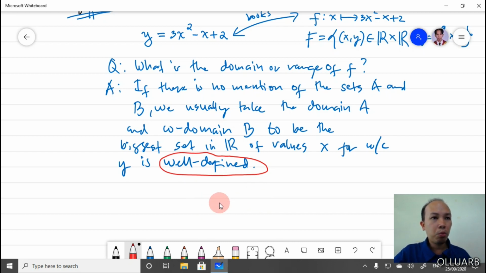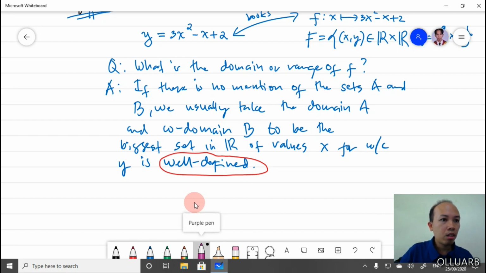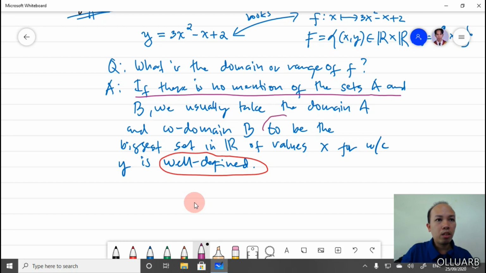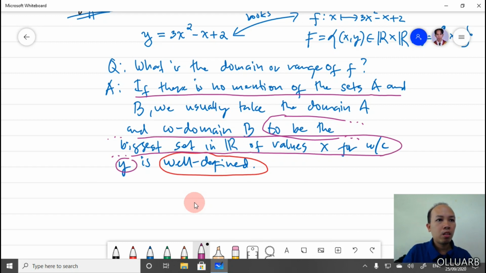However, if you put this phrase here in your mind, all you have to do is get the biggest set in R, for which, just get the values of x in R for which the y is well defined.